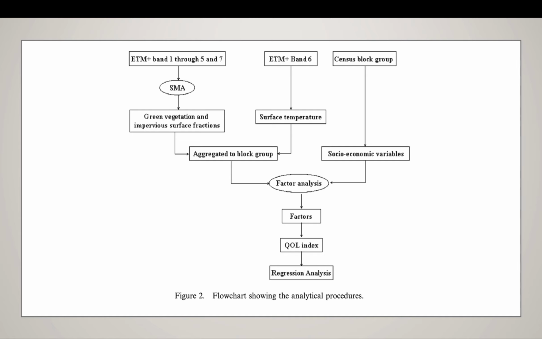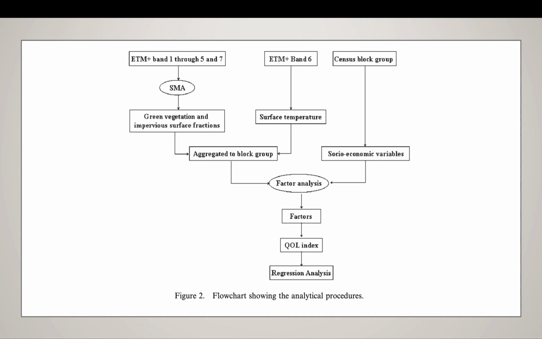In the remote sensor data, in ETM+, we pick bands 1 through 5 and band 7. Bands 1 to 5 and 7 are the bands that contain green vegetation and impervious surface fraction. And in band 6, that's where you can find the surface temperature.